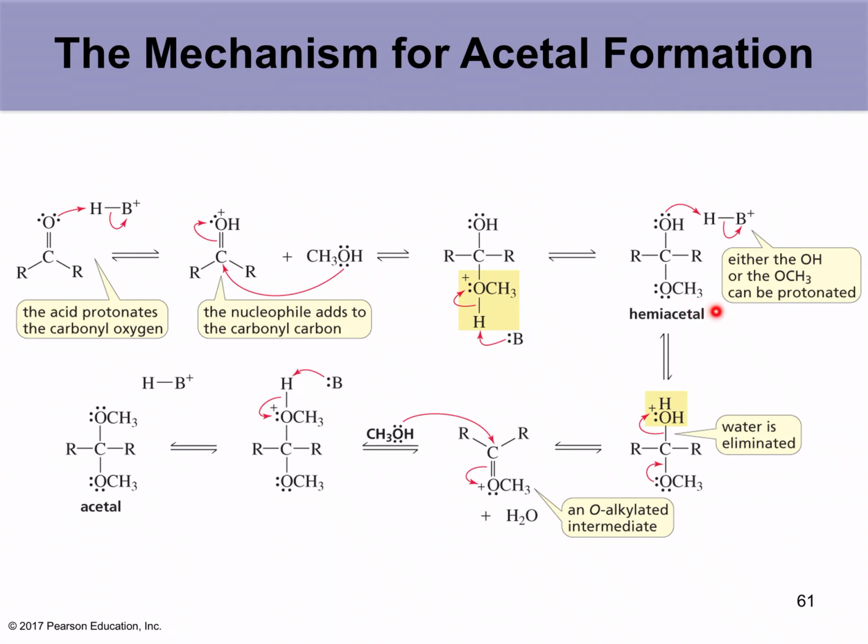Now in order to form an acetal, we need to eliminate this water molecule. You can see all of these steps are reversible, but it can also protonate this methoxy group. If that happens, then it goes back here. We don't want to go that path, so we're going to make this oxygen protonated. It says here either the OH or the methoxy group can be protonated.